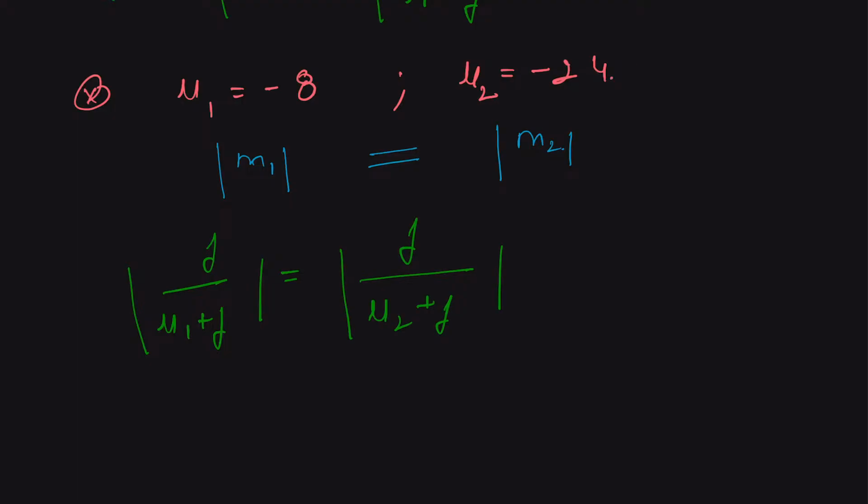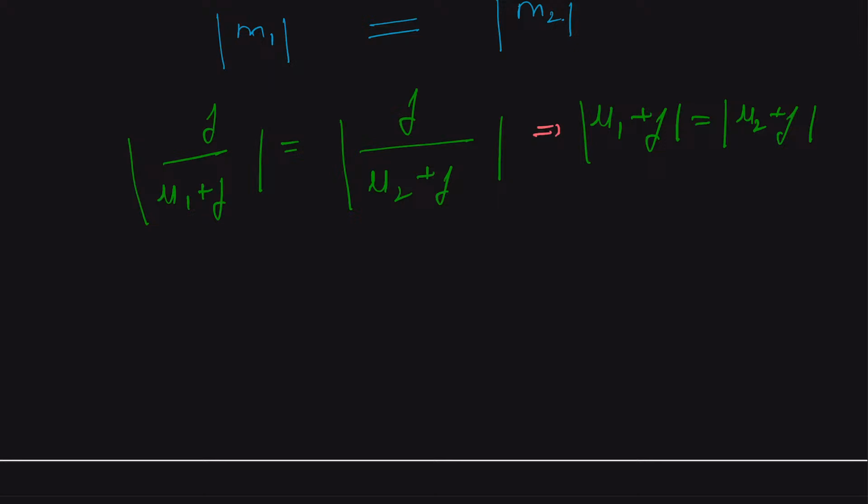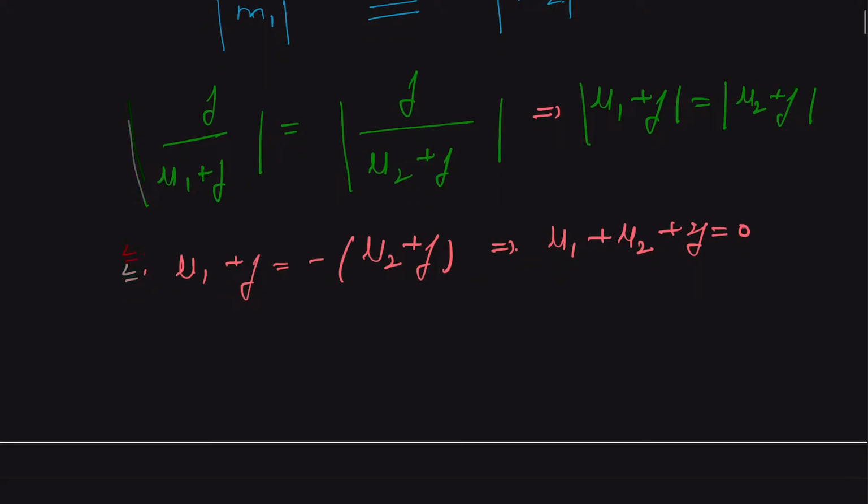And from here we can easily write it as u1 plus f is equal to u2 plus f, and therefore you can say that u1 plus f is equal to minus of u2 plus f, and from here we get that u1 plus u2 plus 2f is equal to 0.